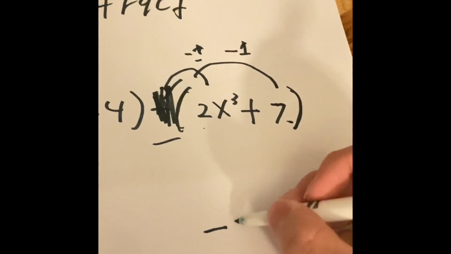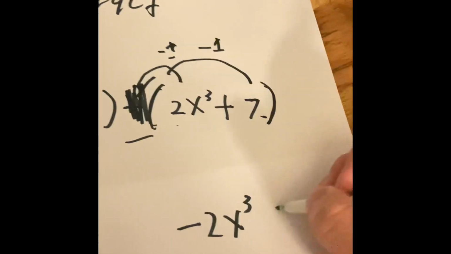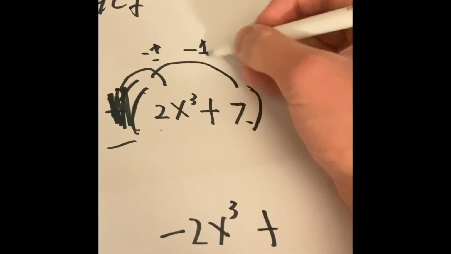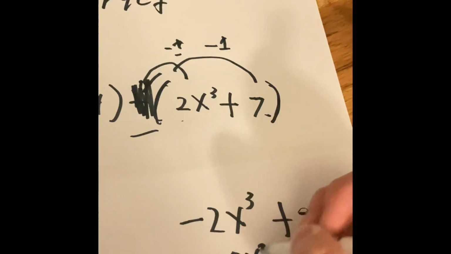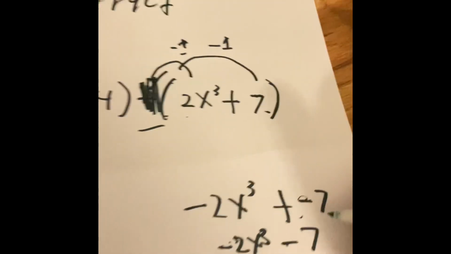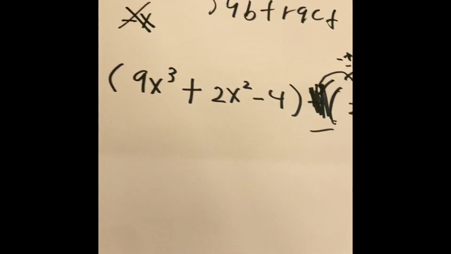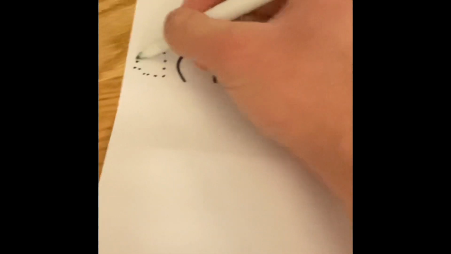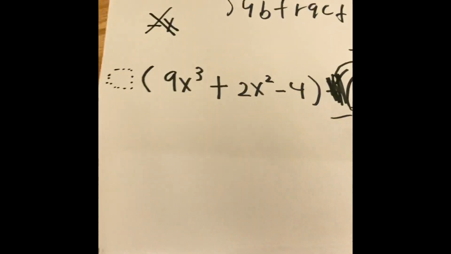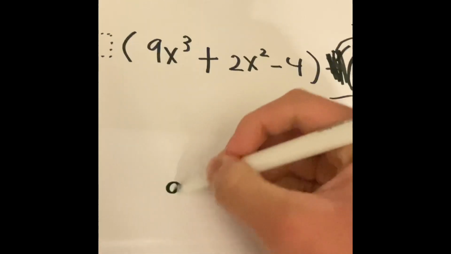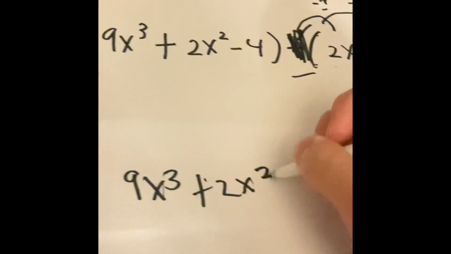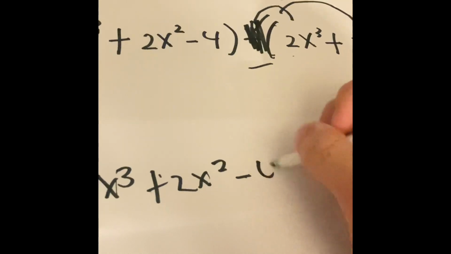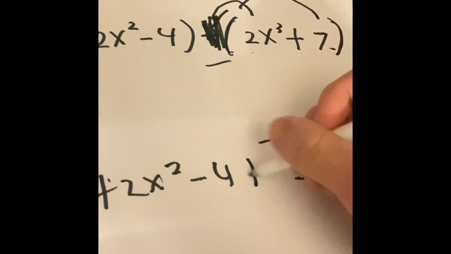So we get negative 2x cubed plus negative 7, or negative 2x cubed minus 7. On the other side, we don't do anything because there's nothing in front of this set of parentheses, so we'll just rewrite the equation: 9x cubed plus 2x squared minus 4.